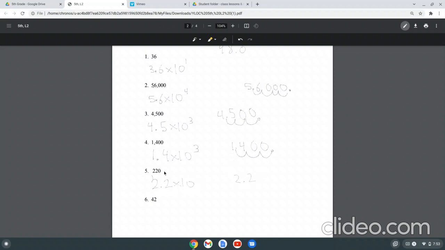We want to move the decimal to the end. So 1, 2. So 2.2 times 10 with the exponent of 2. 42, 4.2 times 10. How many places do we move it? There's no 0, but we want it at the end. Since the decimal place is here, we want it to move 1. 4.2 times 10 with the exponent of 1.